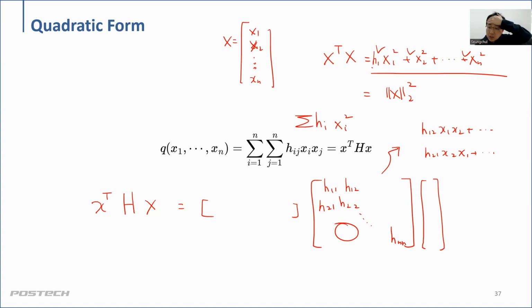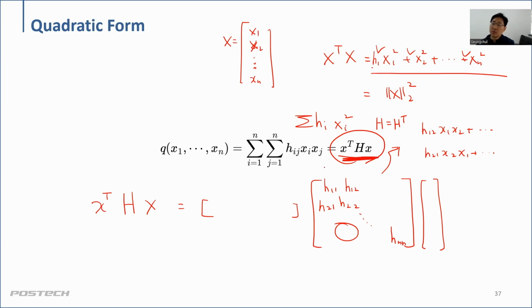So I hope now this is clear as the quadratic form. In many cases H is symmetric, or in many cases it's positive semidefinite, but again, don't worry about these kinds of things. But it's a quadratic form that we have here.